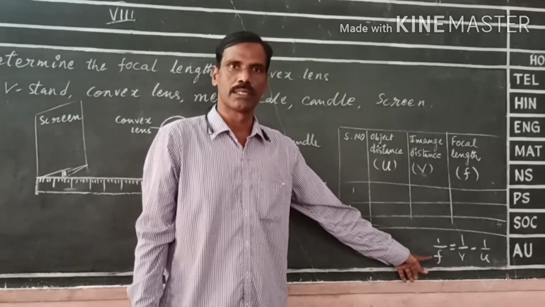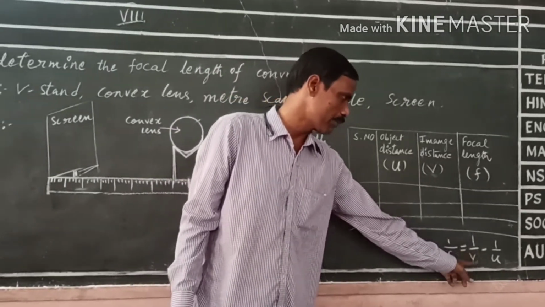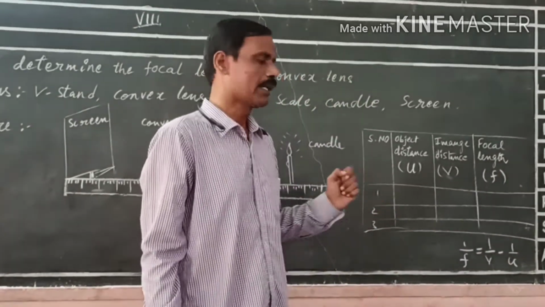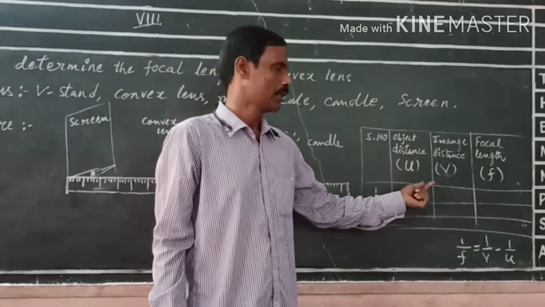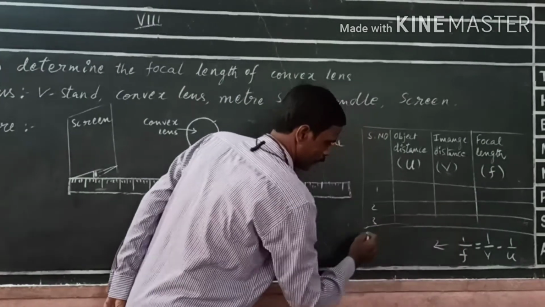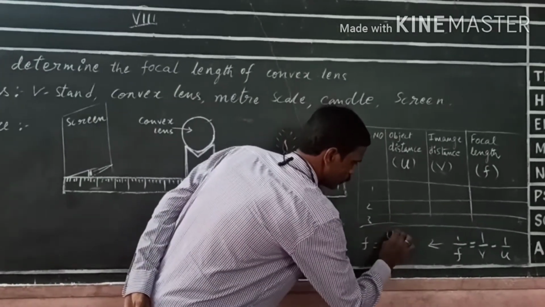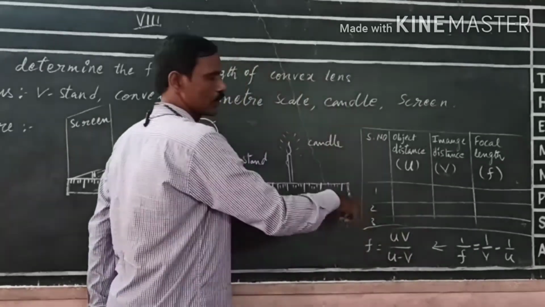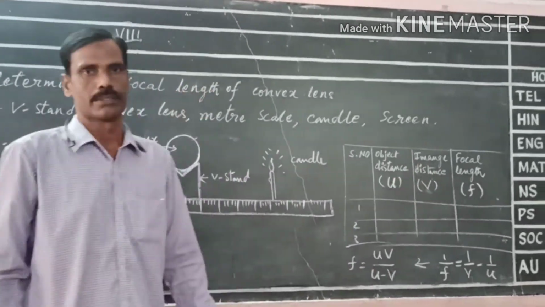It is useful to find the focal length if you know object distance and image distance. Otherwise, by simplifying this formula, we can write f is equal to uv by u minus v, which is also a relation that gives you the focal length.